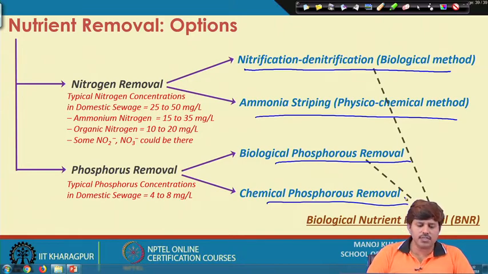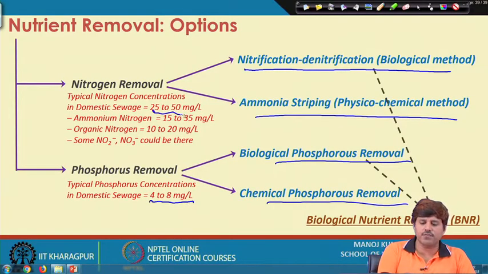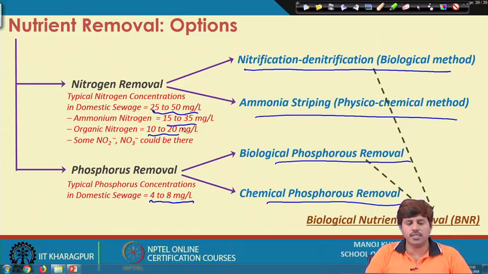Typical phosphorus concentration in domestic sewage is 4 to 8 milligram per liter, whereas the total nitrogen concentration is 25 to 50, out of which 15 to 35 remains as ammonia and 10 to 20 as organic nitrogen. Organic nitrogen also can be solubilized in the form of ammonia through hydrolysis.